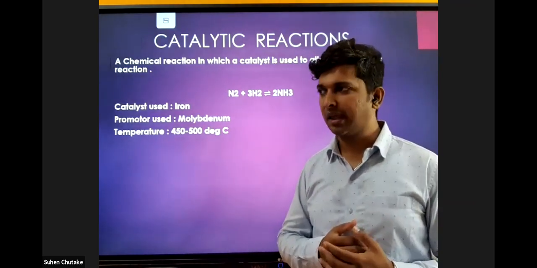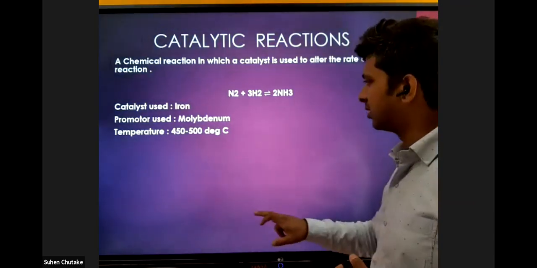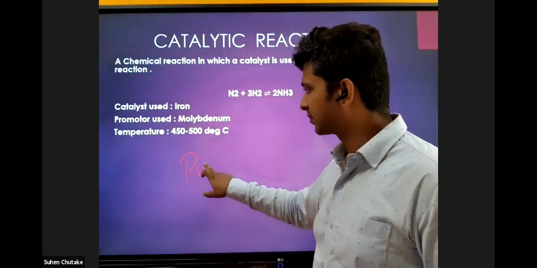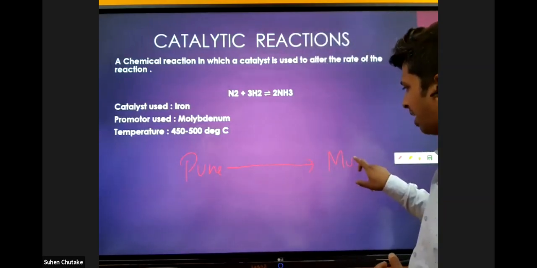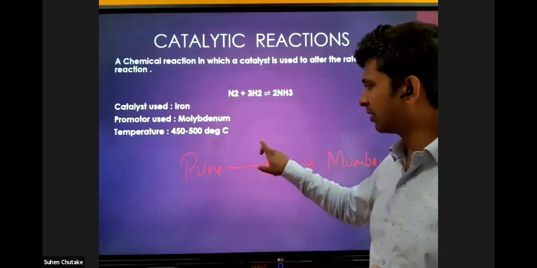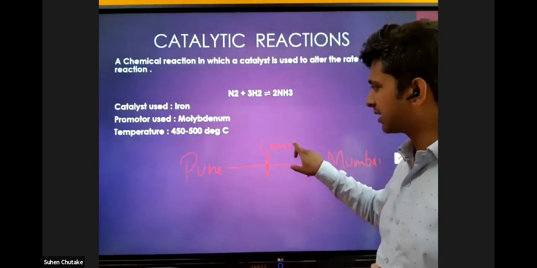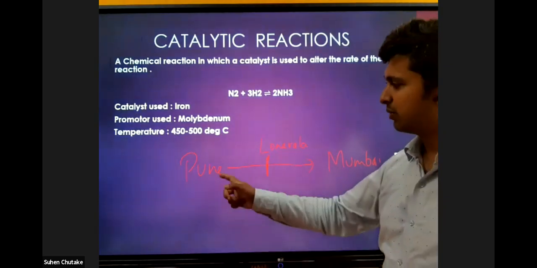Let me just tell you this. Say for example, we are traveling from Pune to Mumbai, and I want to get down at Lonavala. But if the train is a bullet train, it will not stop at Lonavala.